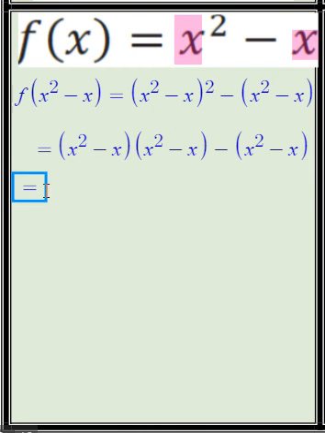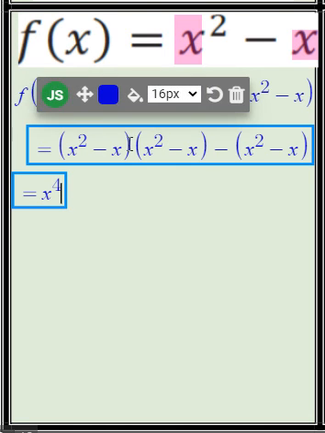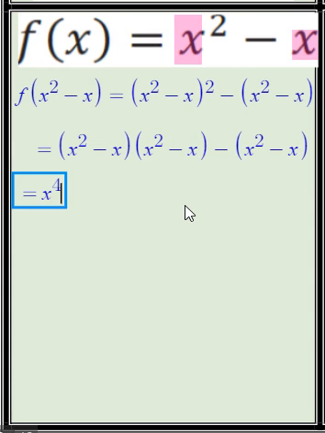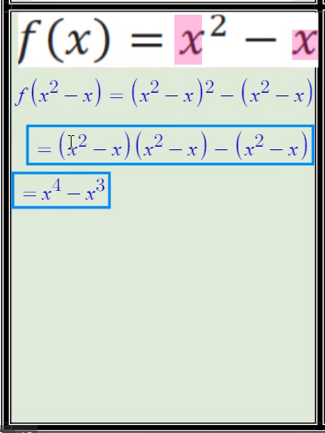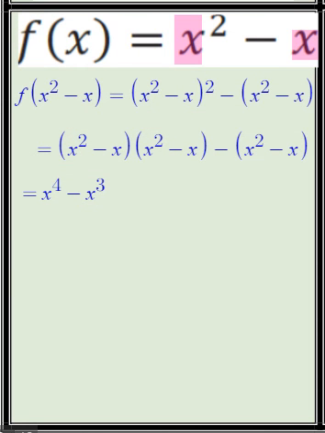Now, as I start the distribution process, x squared times x squared gives us x to the fourth power. Then we've got x squared times negative x, which is minus x to the third power. But then that x squared did his job. He's done.